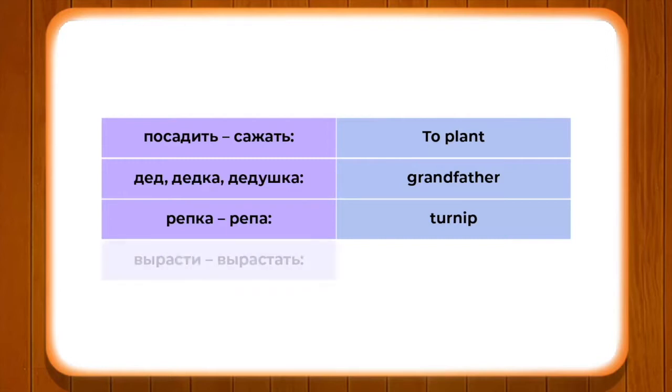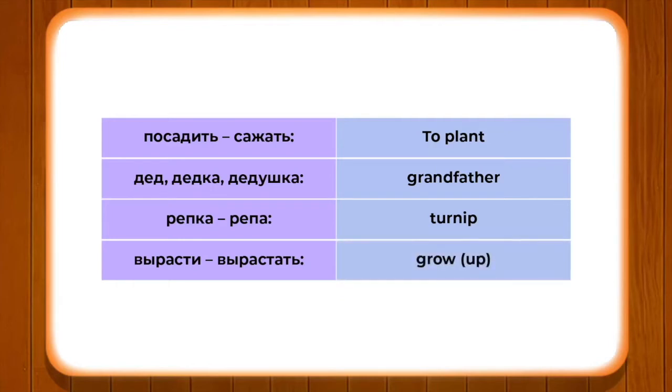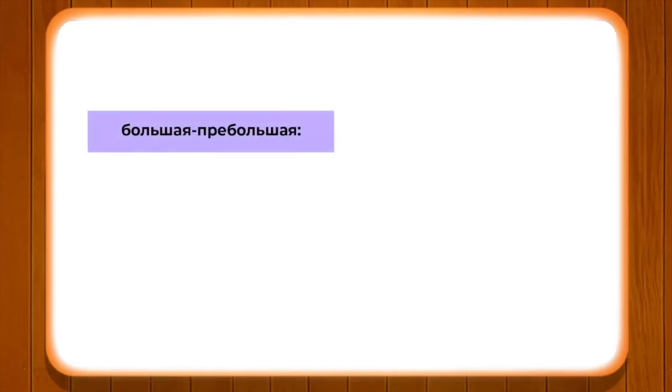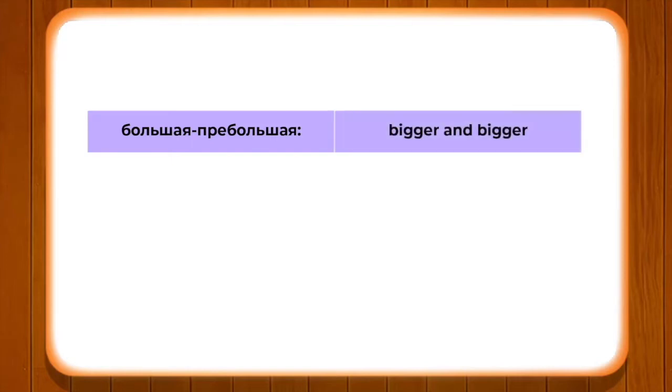Next word we have virasti, virastach. So the verb virasti, virastach means to grow up. Next is balshaya, pribalshaya. Balshaya, you can guess, is big. Pribalshaya means bigger. Next word is paichi.